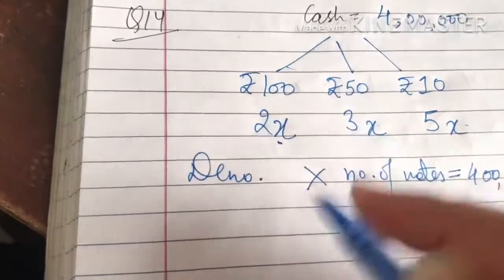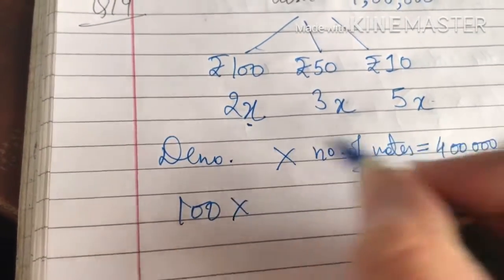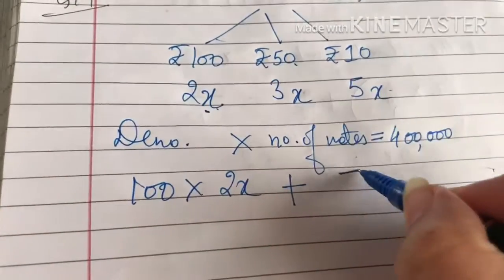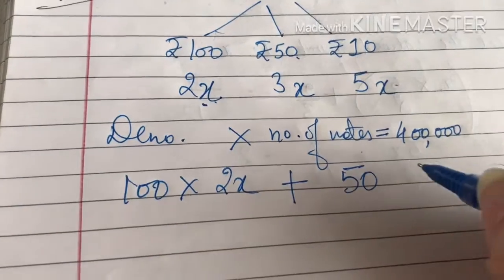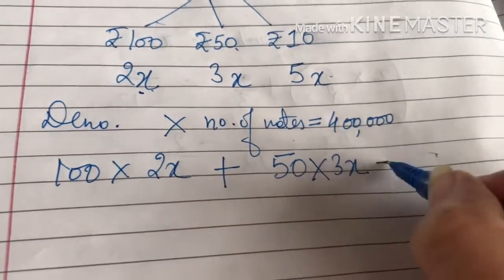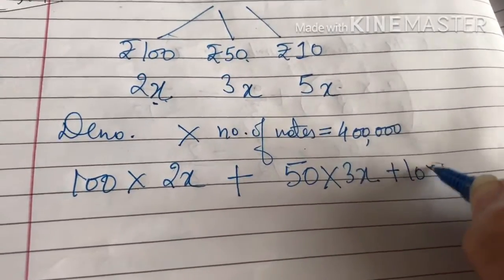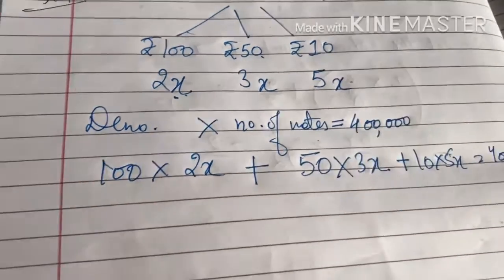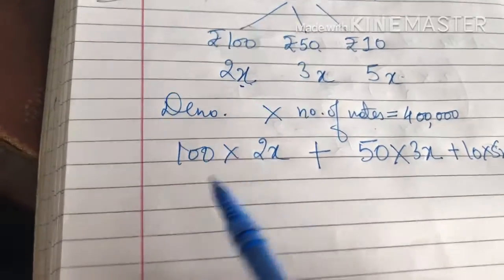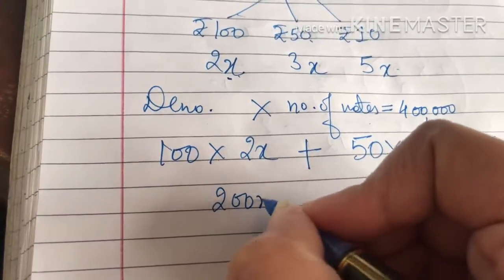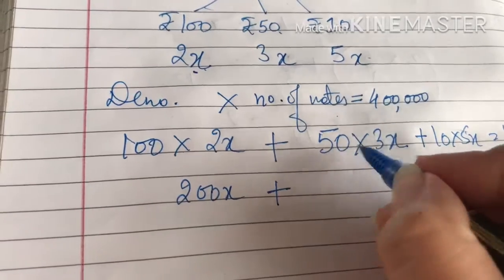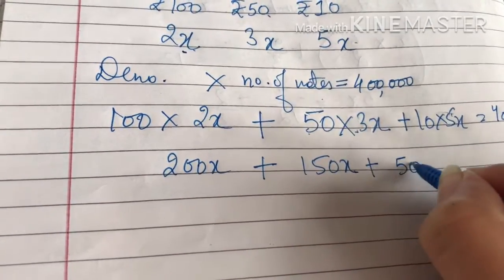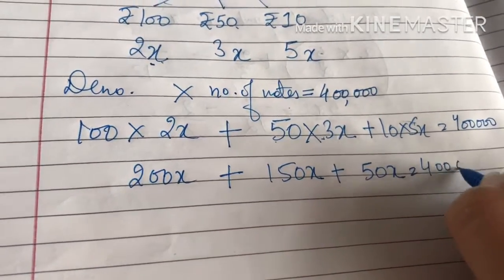So what is the denomination? The first one is 100, and how many notes of 100 are there? 2x, plus the next currency note is of 50, and how many notes are there? 3x, plus 10 into 5x is equals to 4 lakh. Okay, now multiply this. 2x into 100, 200x, plus 3 fives are 150x, plus 5 into 10, 50x is equals to 4 lakh.